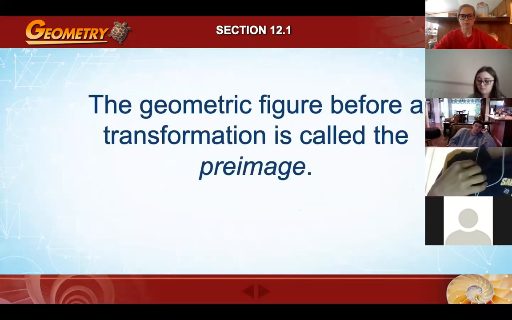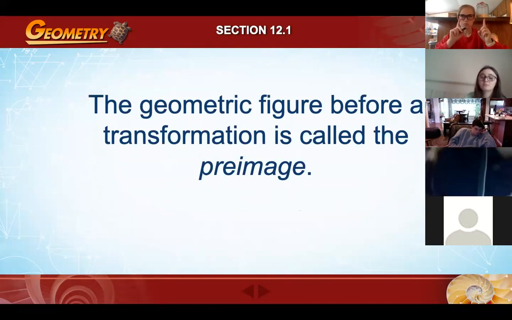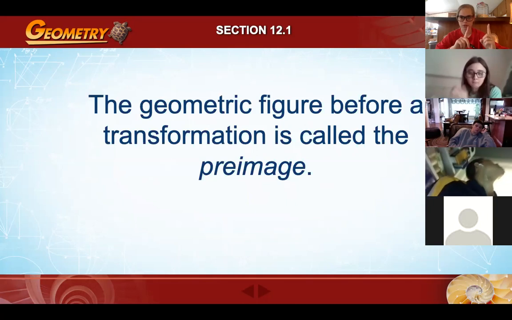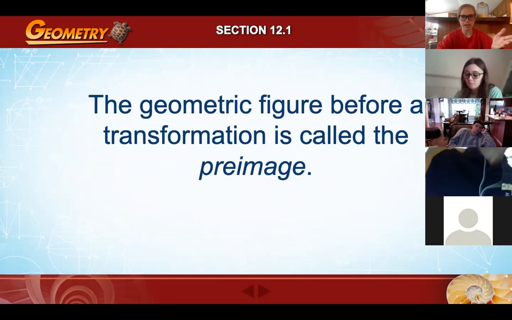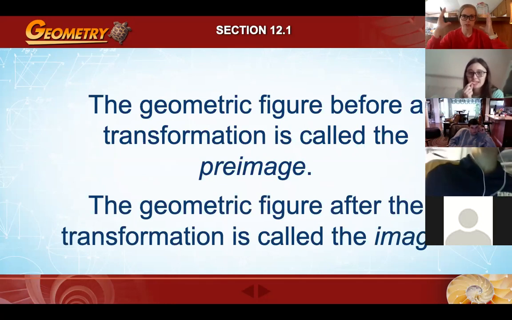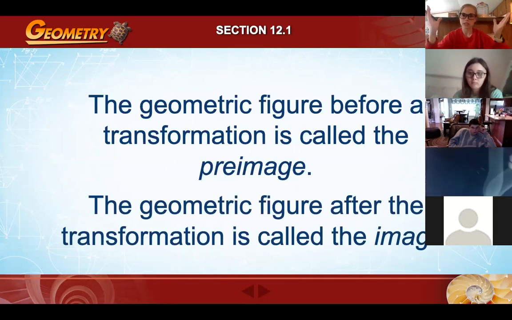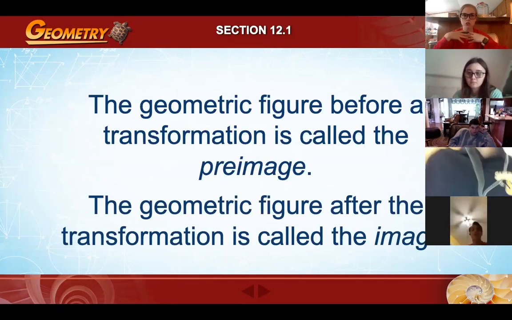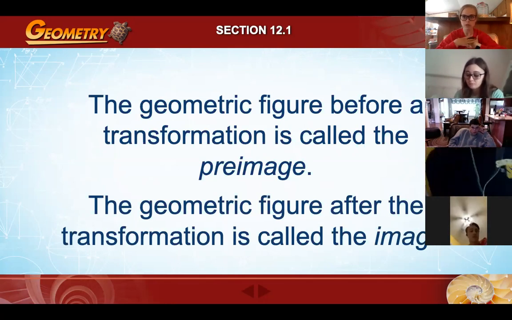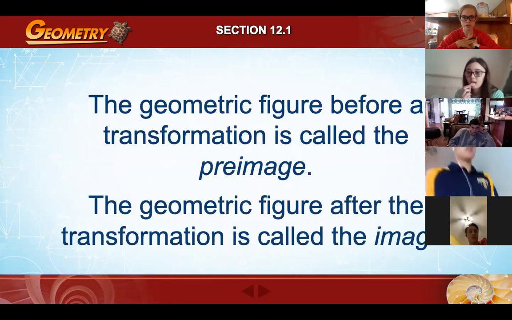The original image that we'll have is called the pre-image. And then the image that is made is called the image. For example, if you stand in front of a mirror, you, as the real thing, would be known as the pre-image.